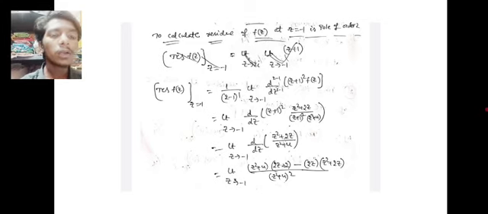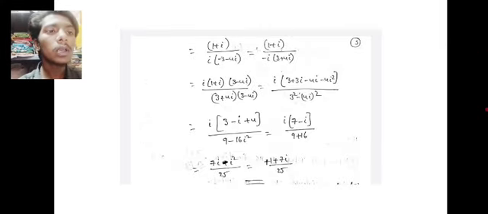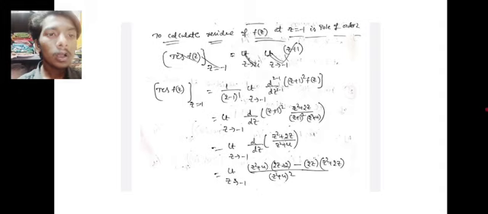We are differentiating the above equation, that is z plus 1 whole square f of z. So the next step is limit z tends to minus 1. We have to differentiate the z plus 1 whole square f of z, which is z square plus 2z, by z square plus 4.